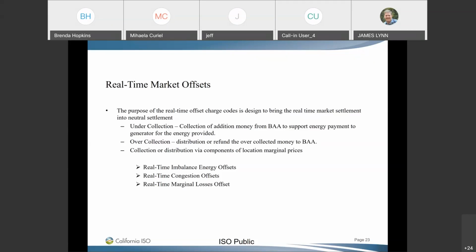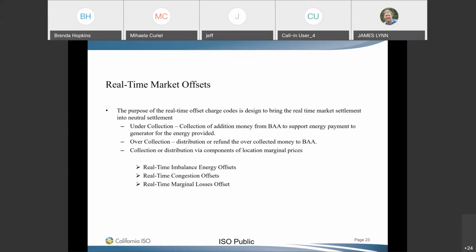Now, the marginal cost of losses is pretty straightforward. For that balancing area, for BANC, what we will do is calculate all of the instructed and uninstructed loss amounts for BANC. So we'll do UIE, UFE, FMM IAE, RTD IE, based on its relevant marginal loss component of the LMP at that nodal location.